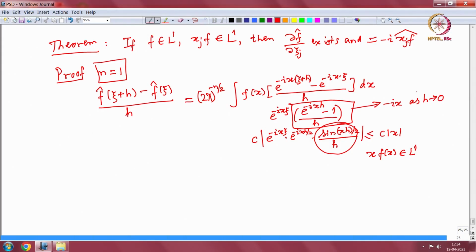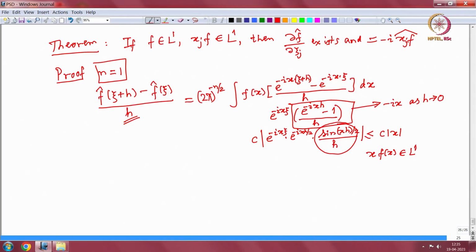Another comment I wish to make here: usually when we apply the dominated convergence theorem, we always take sequences, whereas here we are taking h as a continuous variable.